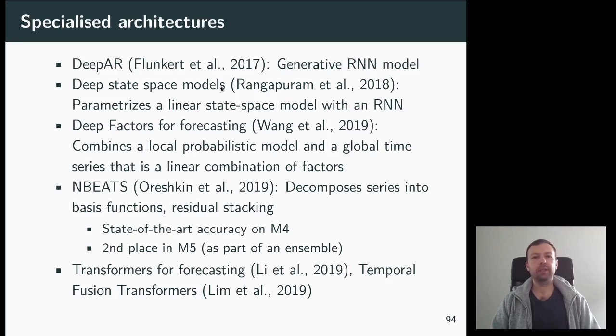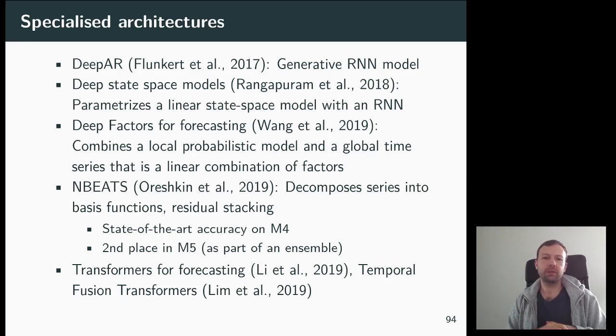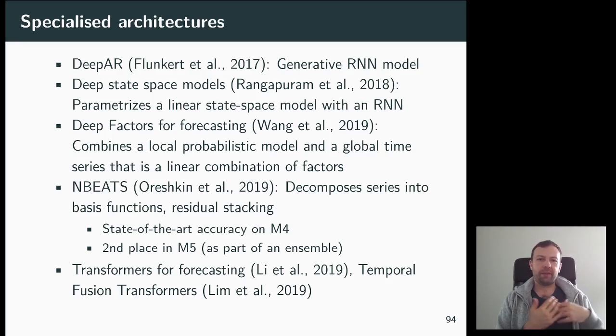You have the deep state space models, which essentially parameterize a linear state space model with a recurrent neural network. Then you have this paper about deep factors for forecasting, which combines a local probabilistic model and a global time series that is a linear combination of these factors. So it effectively does a decomposition on a global level.